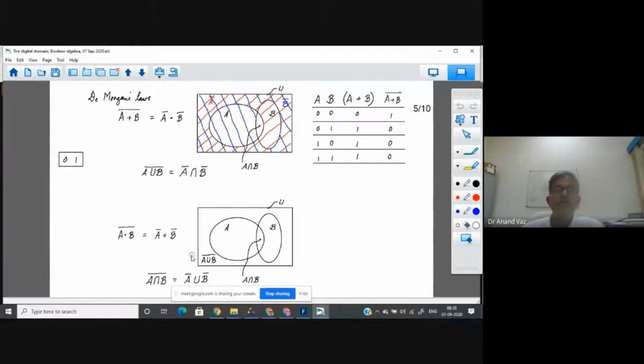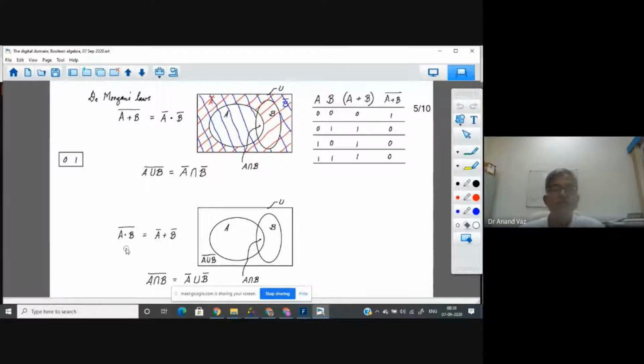In these De Morgan's laws, you can use a NOR gate, and using that you can realize an AND operation, except that you have to complement the inputs.